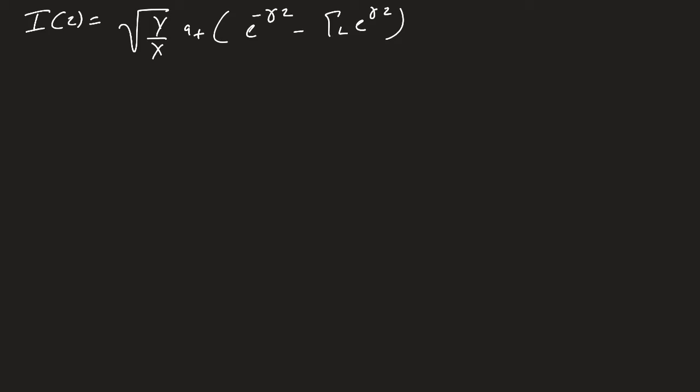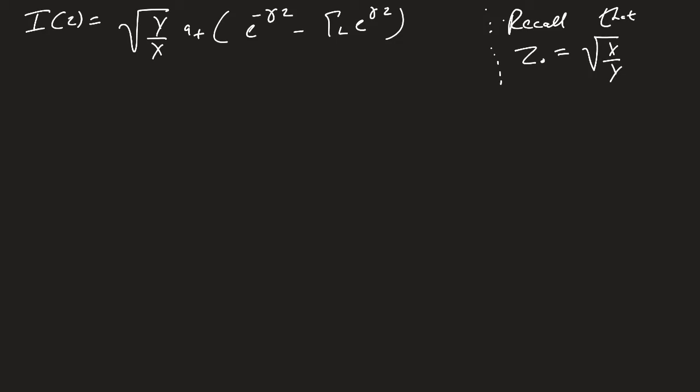Now if you recall, the characteristic impedance of a lossy transmission line Z0 was equal to the square root of x over y.